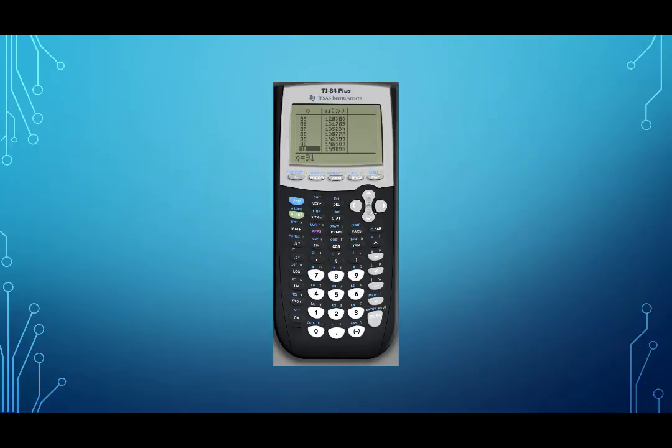To find out when the investment is over $200,000, you just have to scroll down, and this can take some time because the calculator is calculating based on the previous information. So we'll scroll down until we find 200,000, and we keep going, and we keep going. Should be coming up pretty soon.